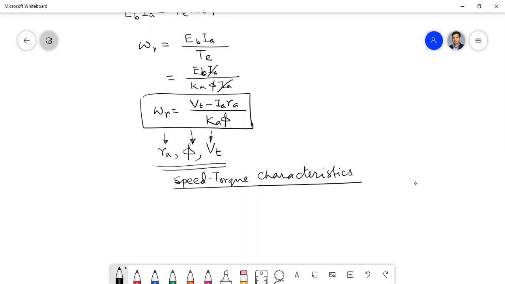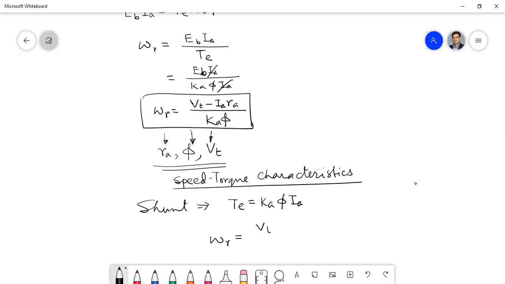Now, suppose we have a DC shunt motor. For a shunt motor, we know that the torque is nothing but Ka phi into Ia. Now, what is omega R?